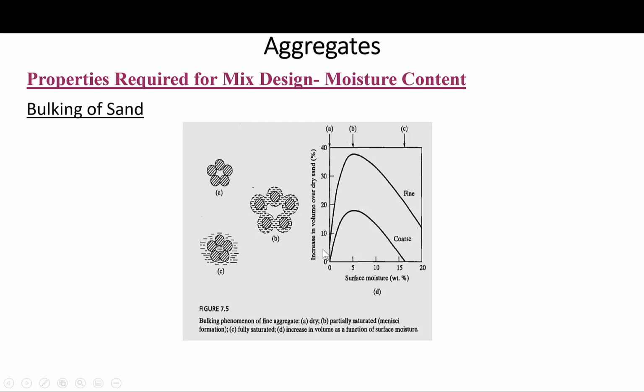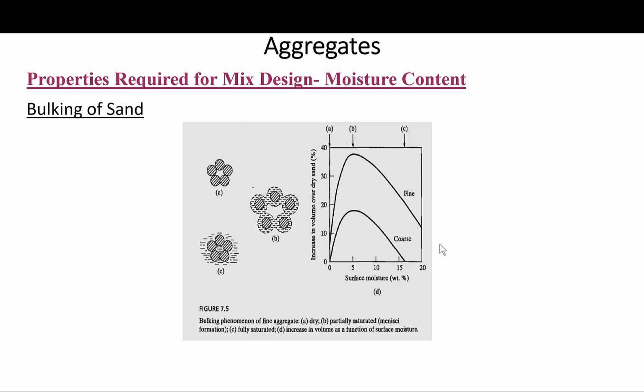This is A, surface moisture, and this is the B situation, in this case the highest volume. And this is the C. This is for coarse and fine. For fine it is much more evident than it is for coarse aggregate.